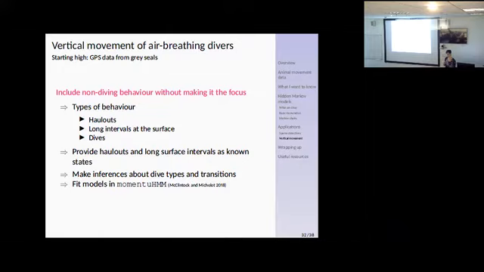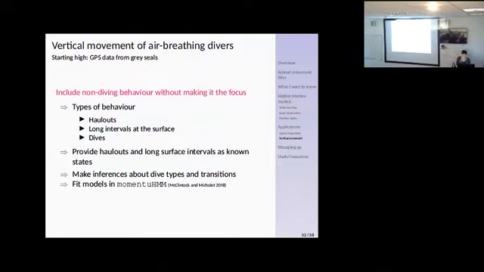It's not diving, but it's not hauled out, so it's at the surface doing miscellaneous stuff. So I wanted to include haul out and long intervals at the surface, but without focusing on them. So I don't want to know what kinds of haul outs they do, or what kind of surface intervals they do. I want to know what kind of dives they do, but in order to treat the data more like a complete time series, I wanted to include them.